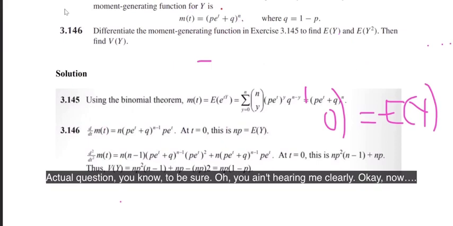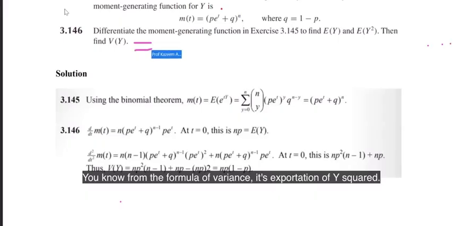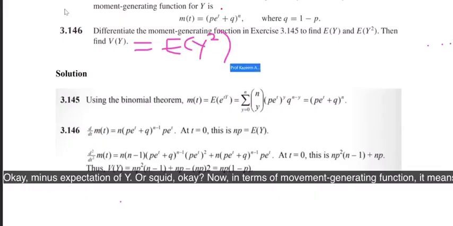Now, after getting the mean, how do we get the variance? The formula of variance is the expectation of Y squared minus the expectation of Y, squared.